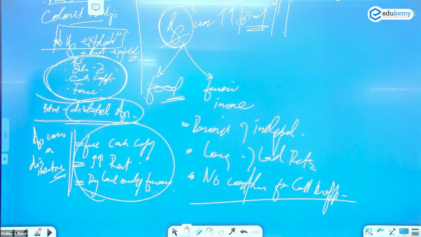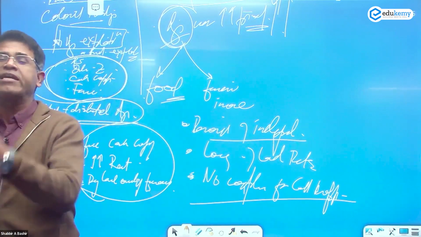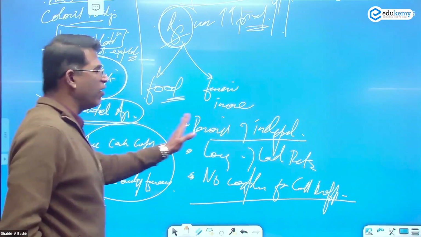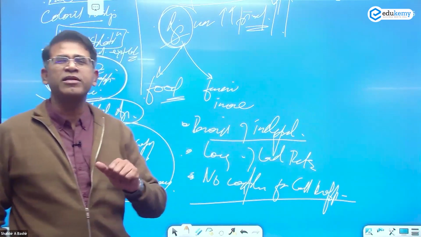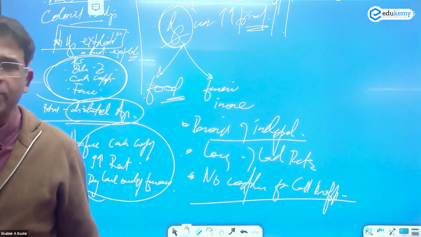Ultimately, remove जमींदारी system was also our constitutional obligation. हमें करना ही पड़ेगा. ठीक है. So removal of intermediaries, lowering of land rents, and no compulsion for cash cropping.